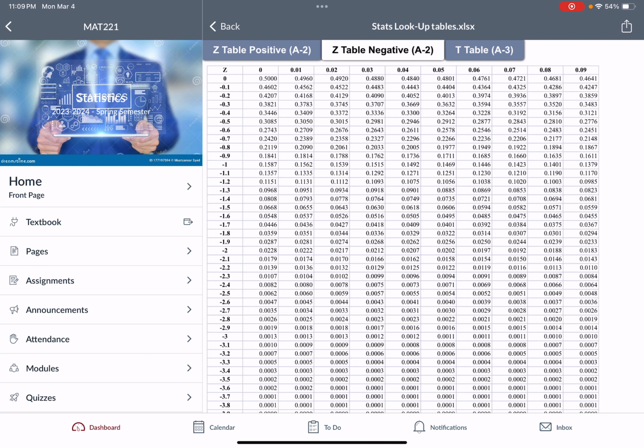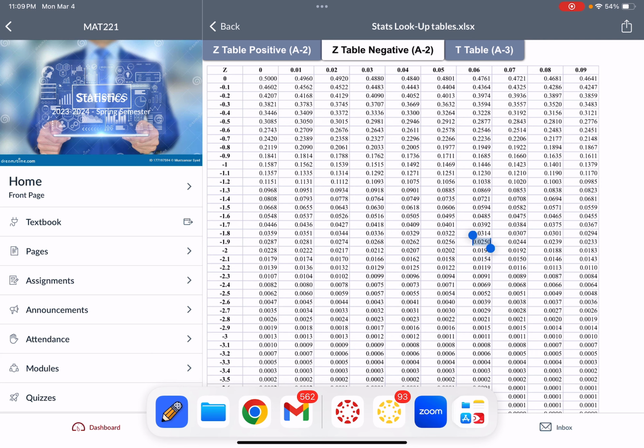I'm looking for 0.025. I find it. Where do I find it? Oh, there it is. See right there? And it's at negative 1.96.